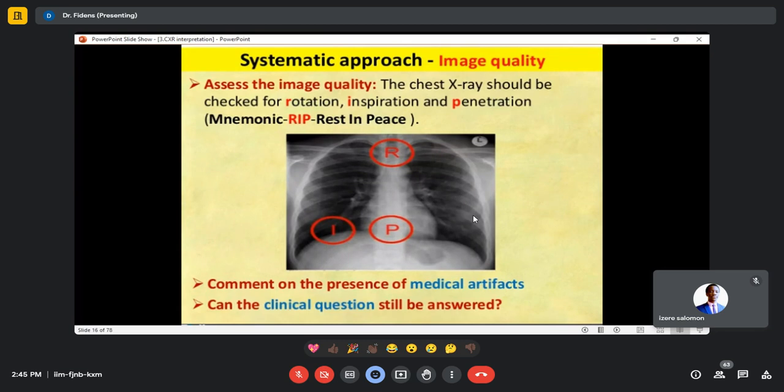R is for rotation, I for inspiration, you see where it is, and P for penetration. If you can check even these three, they are enough to say that this X-ray is interpretable.